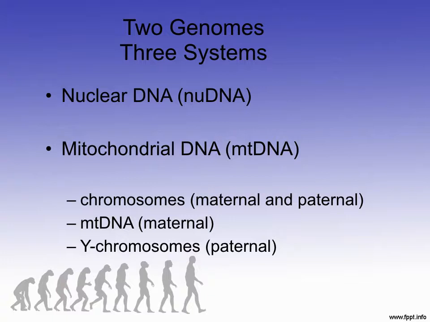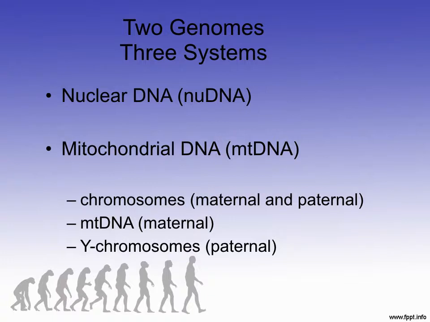There's no recombination, so it's essentially clonal. There are some instances where you do have paternal contribution. It's very rare, and it results in a severe genetic muscular disorder. So only maternal contribution for mitochondrial DNA.